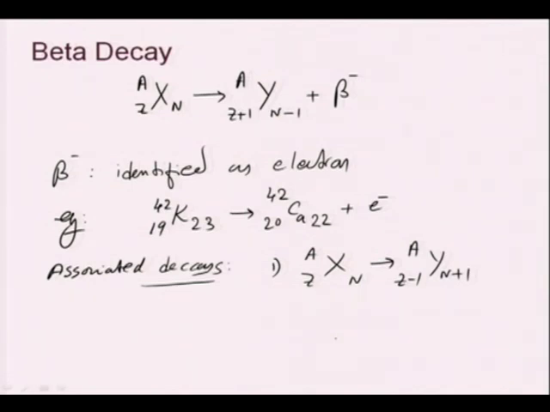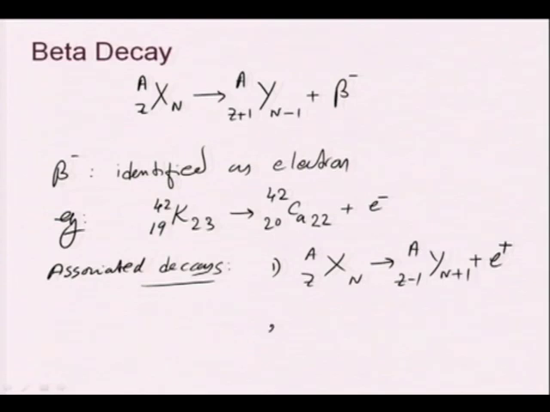Here the nucleus X has charge Z, Z number of protons in units of proton charge, of course, and Y has Z minus 1 positive charge, and therefore, the emitted particle will have 1 unit of positive charge, and it is identified as the antiparticle of electron, which is called the positron.